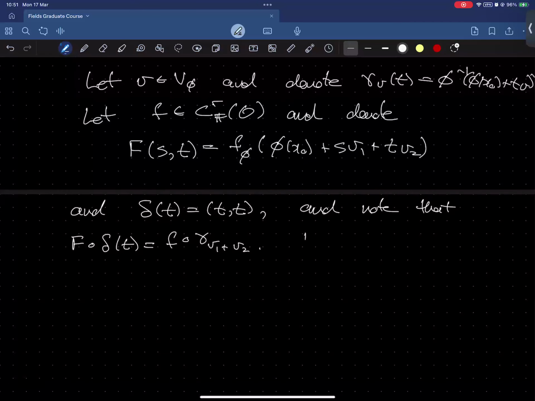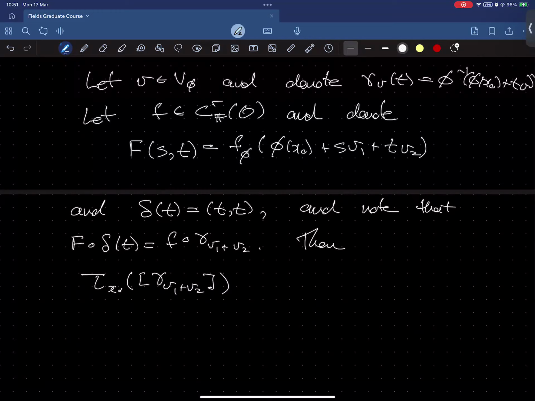So then tau x naught applied to the equivalence class of gamma v1 plus v2. What you want to show is that this is going to be tau of gamma v1 plus tau of gamma v2.